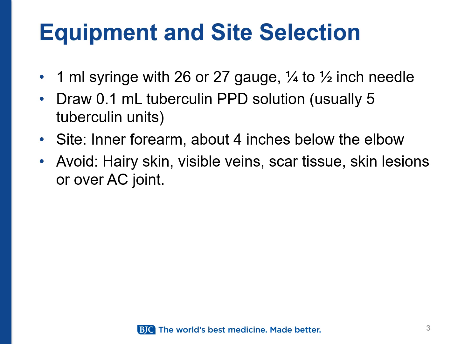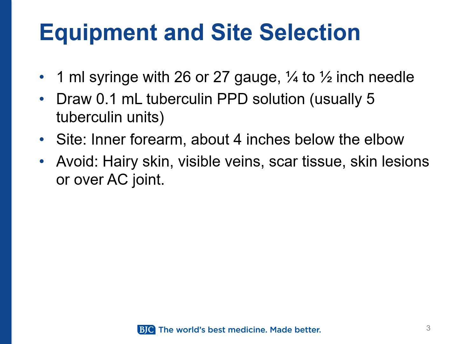When performing the tuberculin skin test, we use a 1 milliliter syringe with a 26 or 27 gauge needle that's about 1/4 to 1/2 inch long. We draw 0.1 milliliters of the tuberculin PPD solution, which equals about 5 tuberculin units.